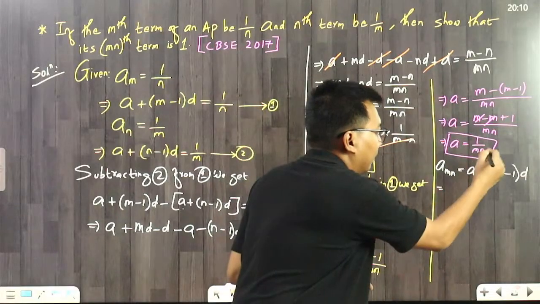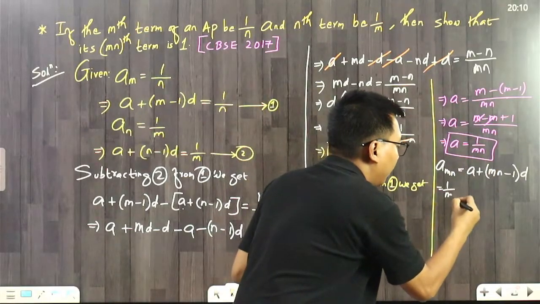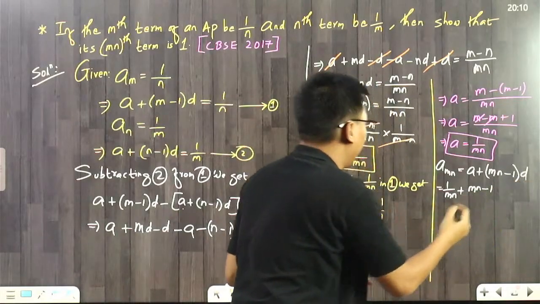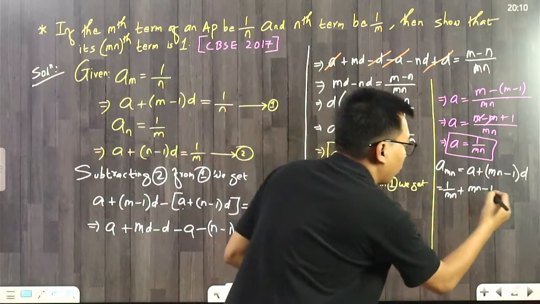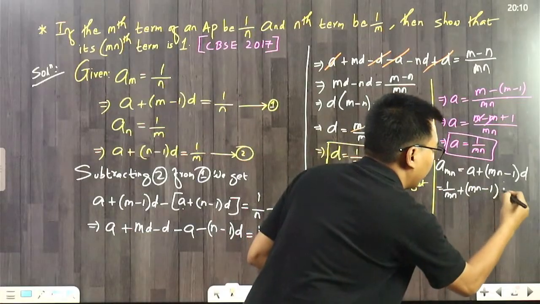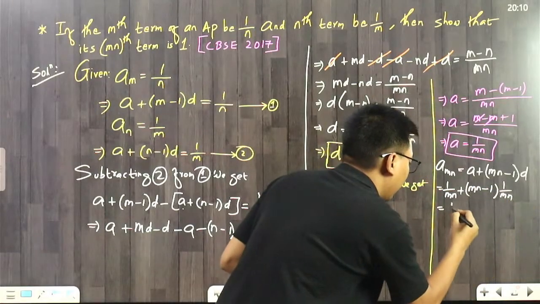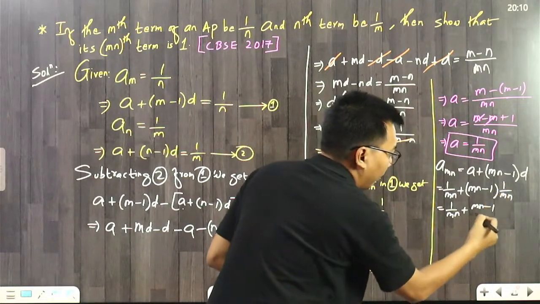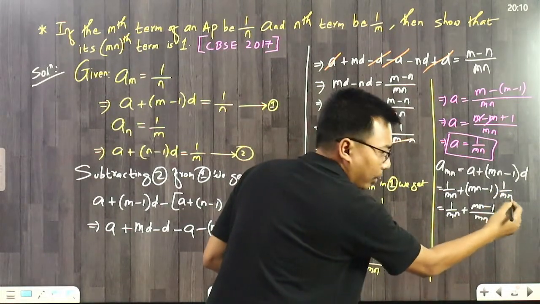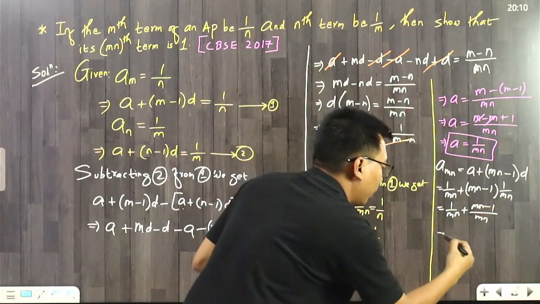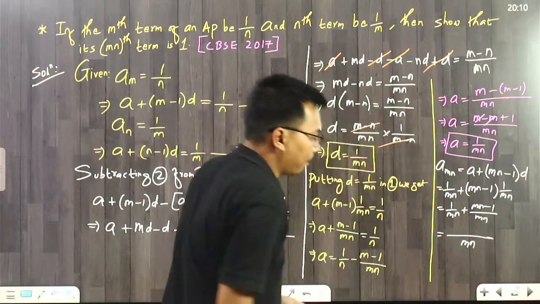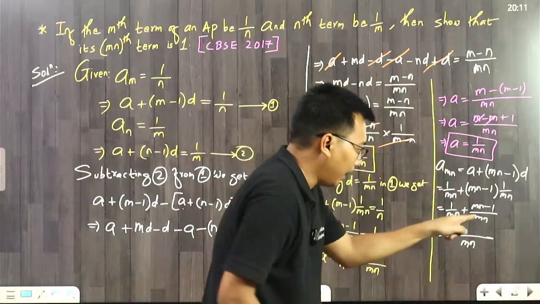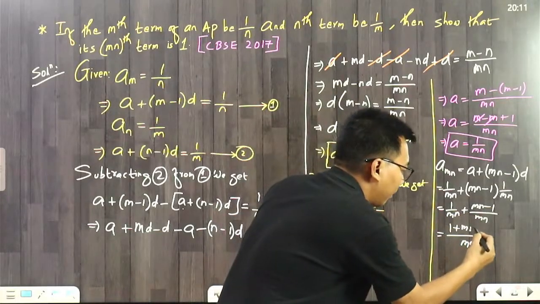which will be equal to, the value of a is 1 by mn, plus mn minus 1. What is the value of d? d is 1 by mn again. So plus mn minus 1 into 1 by mn. Now again we'll take LCM. We'll get mn, and we get 1 plus mn minus 1.